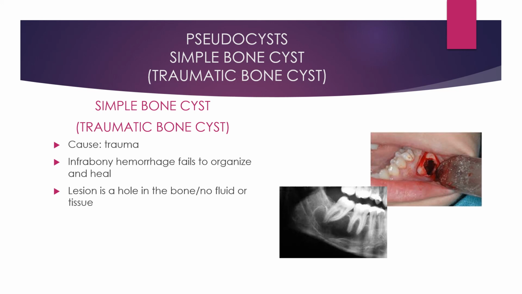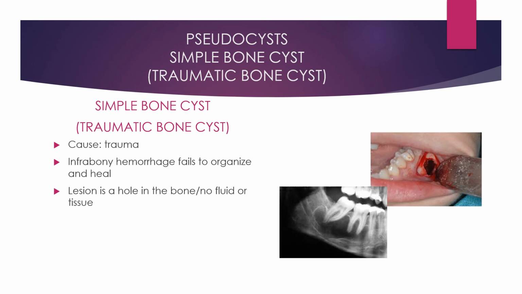In order for things to heal, there has to be bleeding, so that it causes granulation tissue and organization so that the lesion will heal. In this case, we think there is no bleeding into that cavity. And so what you end up with is literally a hole in the jaw. That's what you see on the far right, going in and finding essentially a hole with no fluid, nothing in it.